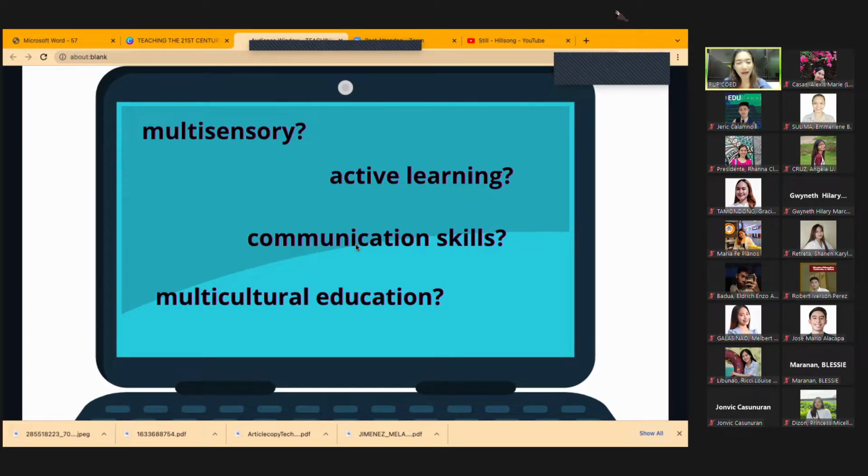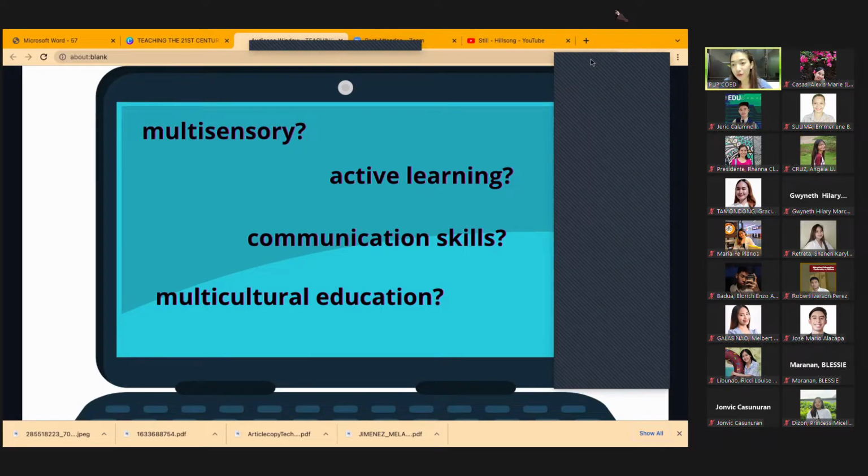Somehow we should use EdTech that are multisensory. Sabi ko nga sa Edgar Dale's Cone of Experience, ang goal natin is to stimulate the senses of our students, all their senses, diba? Hindi lang isang sense, but all the senses.